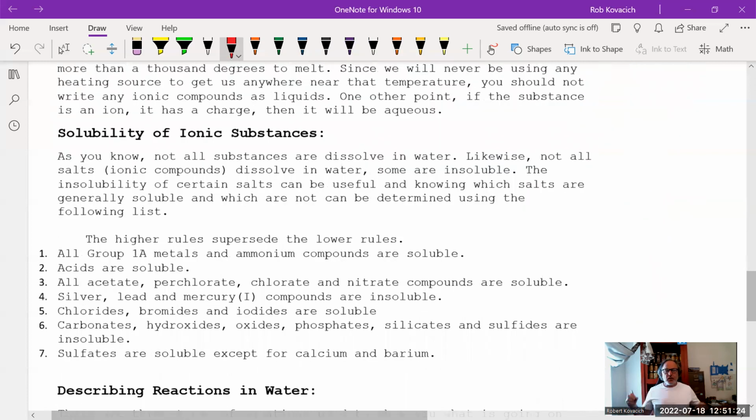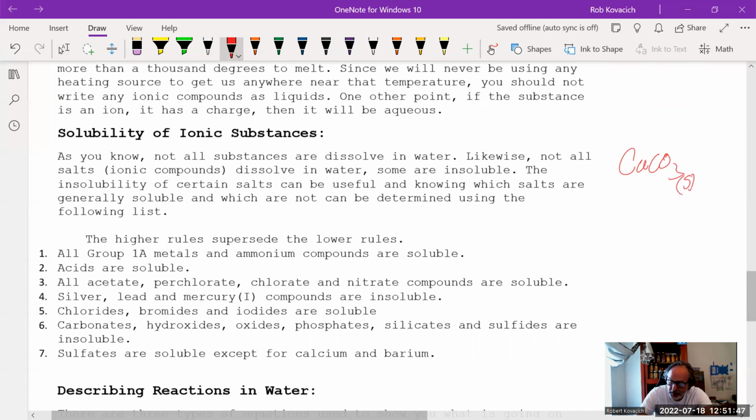So let's talk a little bit more about solubility rules and ionic solubility. I have a list here, and the list lets you know what ionic substances will dissolve in water, because not all ionic substances dissolve in water. Something like chalk, calcium carbonate, if you put a piece of chalk in water, it just sits there and does absolutely nothing. It does not dissolve.